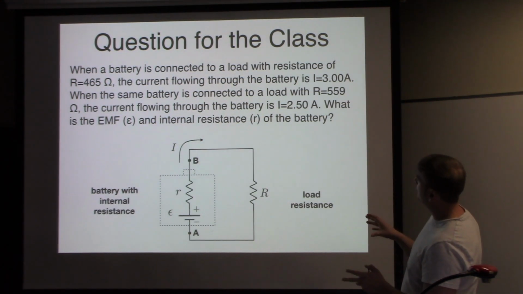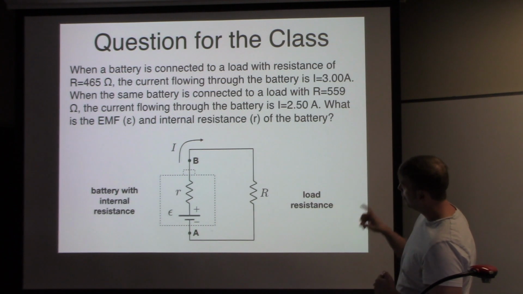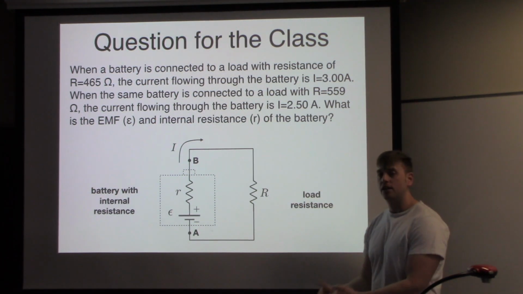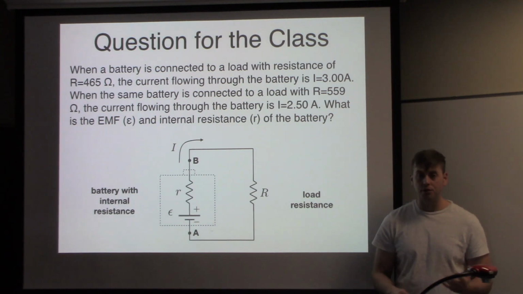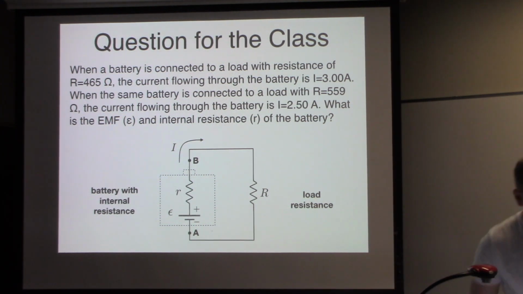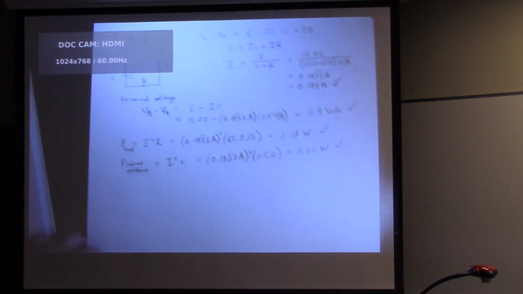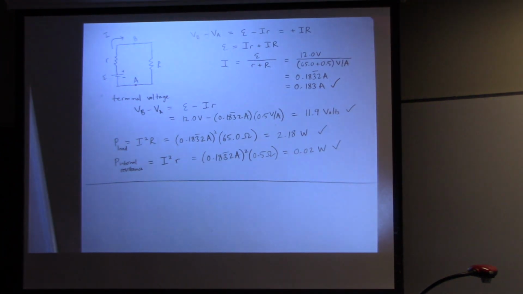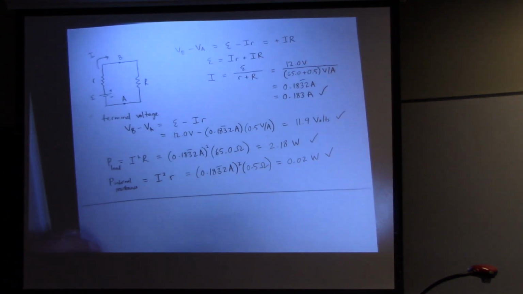But based on this data we have, we're going to calculate A, what is the EMF of the battery, and then B, what is the internal resistance of the battery. So that's what we have to do now. All right, so going back to the document cam here. We actually have some useful equations from the previous example, and I'm going to write that down.